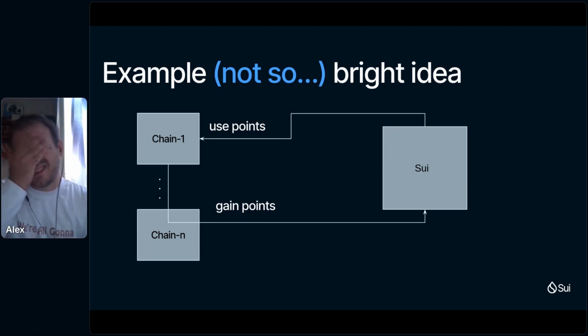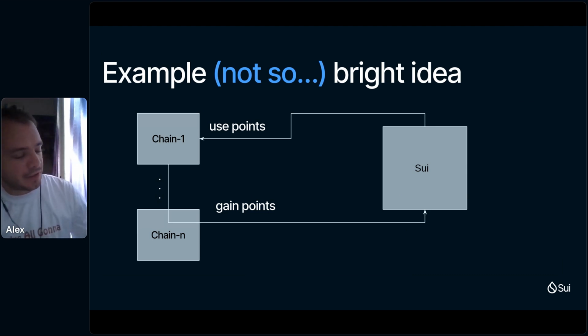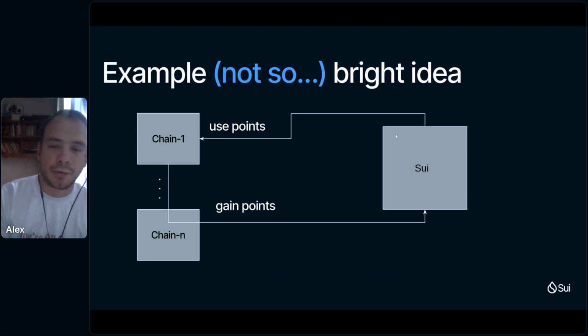So my idea was to do a loyalty point project, where we assume that we have different businesses, marketplaces on different chains, and we want to start doing loyalty for our users, but we will use Sui as a governance layer.